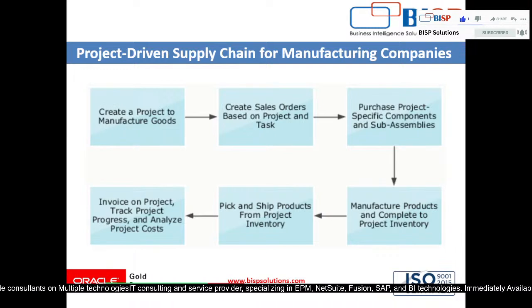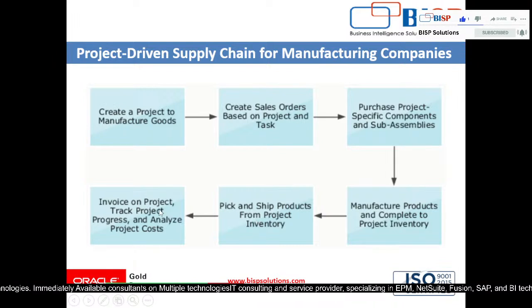And we purchase the components and subassemblies so that we manufacture the product and complete it into the project inventory, right? This is project inventory, right? And after completion of the product, we pick and ship the product from the product inventory, right? This is a product inventory, right?